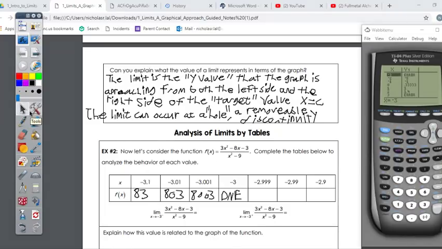Then you have negative 2.9999, negative 2.999. That's going to be negative 7,997. Negative 2.99.